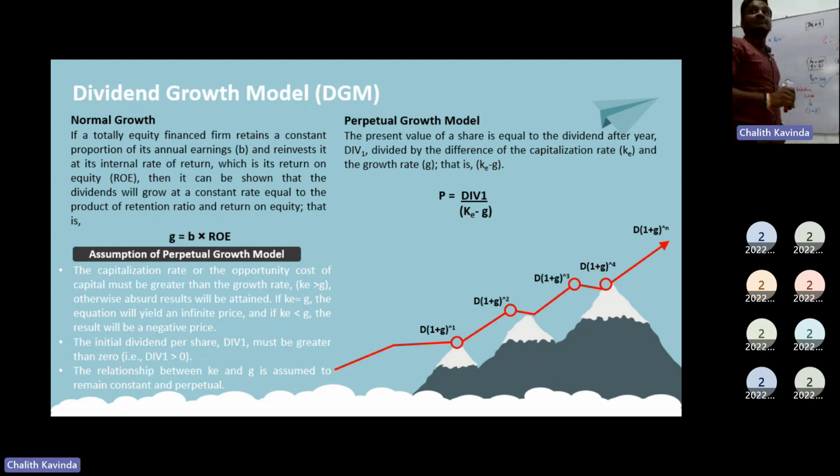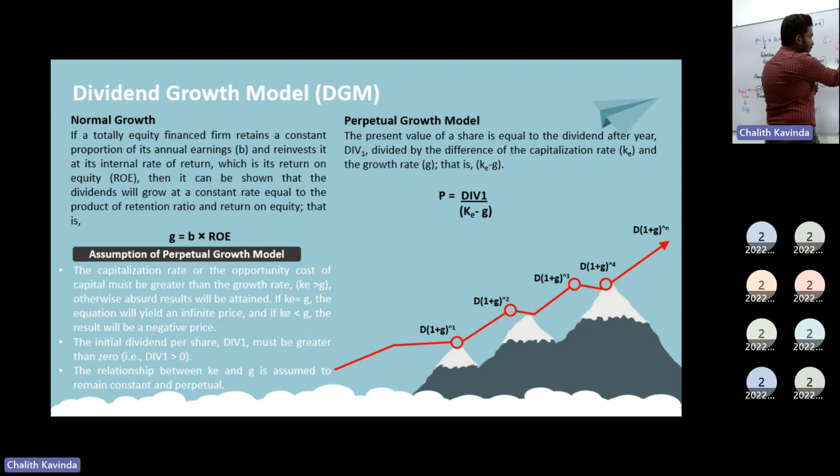And the second assumption is, it's nothing to say, dividend must be greater than 0. We know it. And the third one is the relationship between the cost of equity and the growth rate remains fixed till perpetuity.